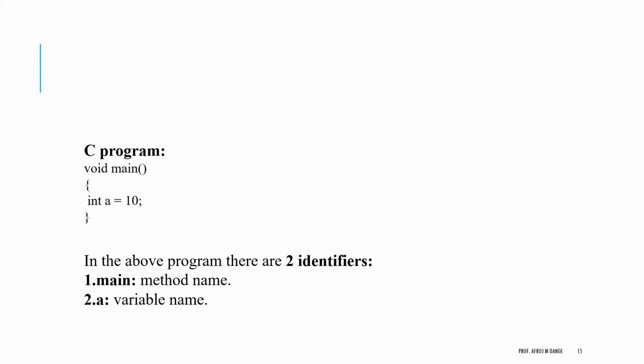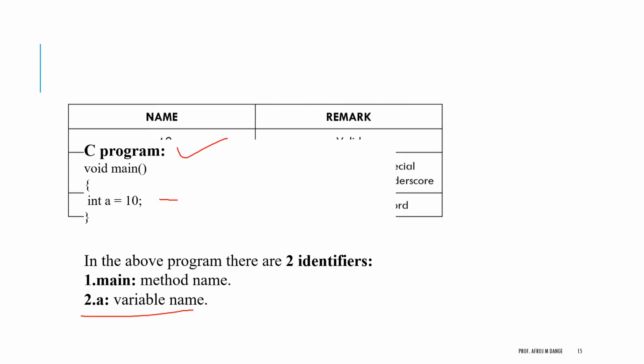Now let's take one example. This is the C program: void main, opening brace, int a = 10; closing brace. In the above program, there are two identifiers. The first one is main, the method name, and the second one is a, which is your variable name.